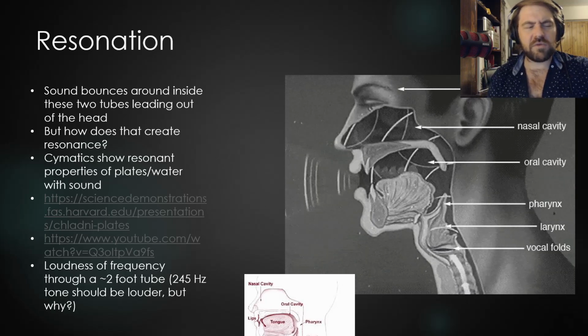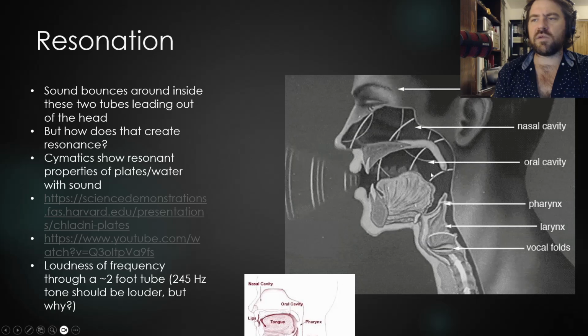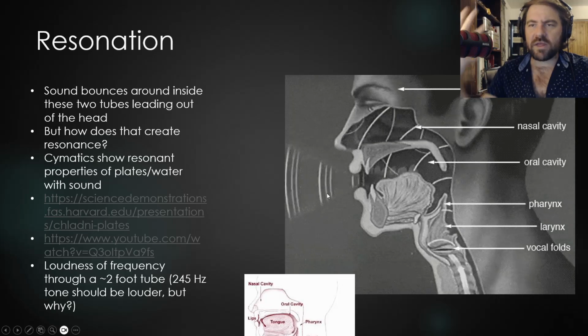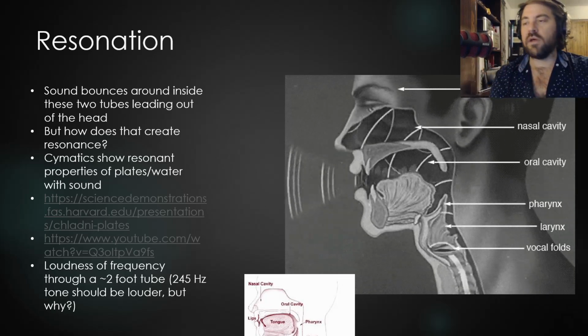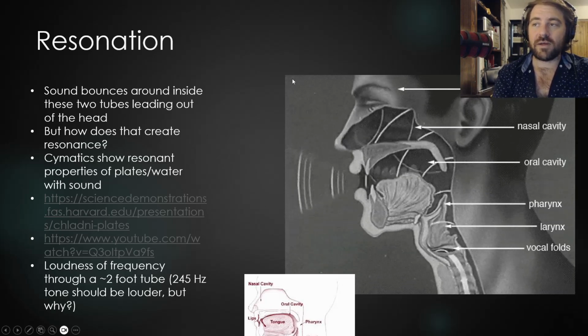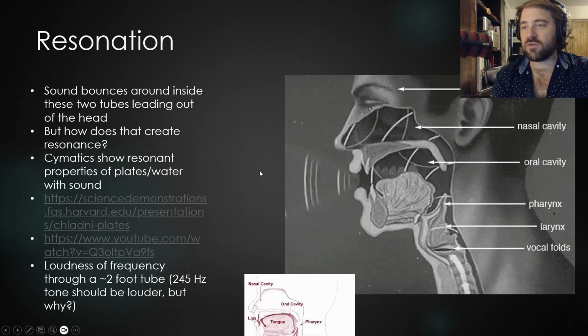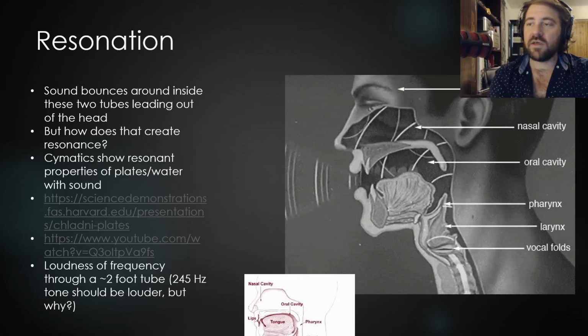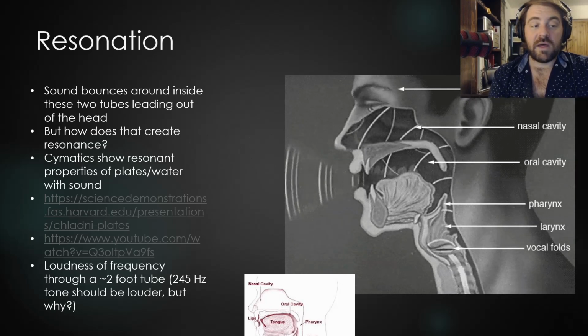And so we can just use the physics of a tube to figure out how the sound resonates inside of that tube. If your velum's down, all of a sudden you have two tubes, and we can just use the physics of two tubes to figure out the resonance inside of that.